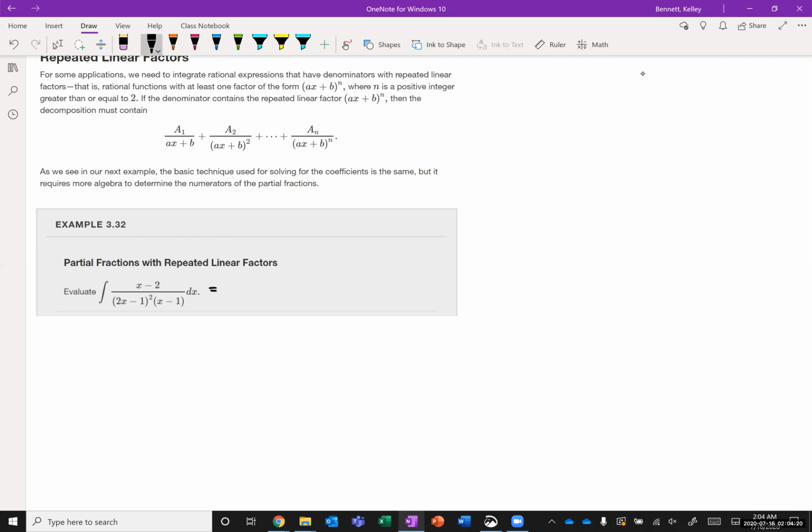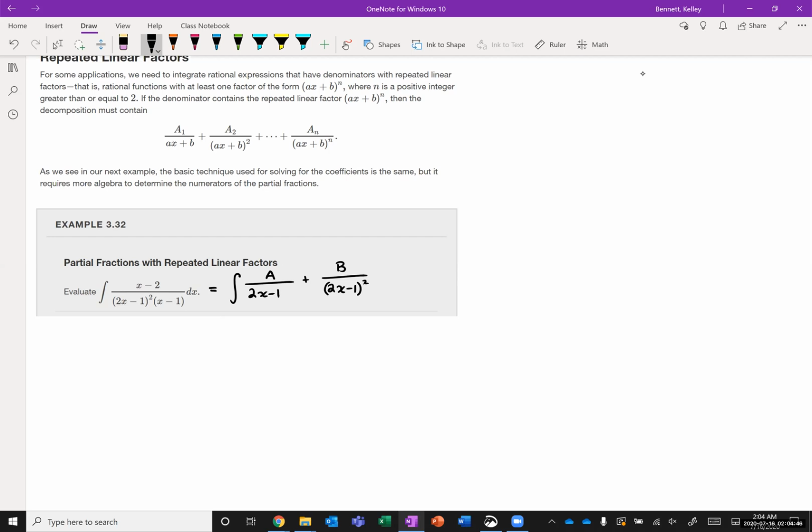This is going to equal the integral of a over 2x minus 1. And then because the linear factor is repeated, it gets another appearance, except in this case, it will be squared to match up to the power, right?